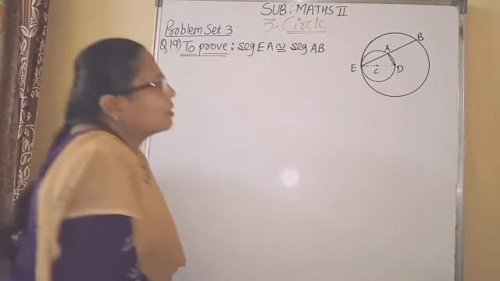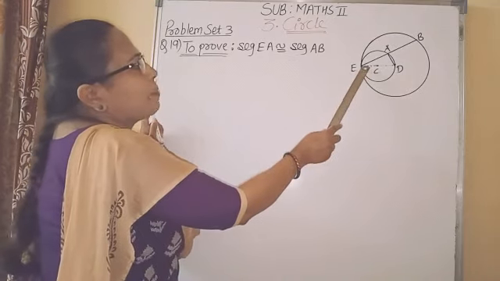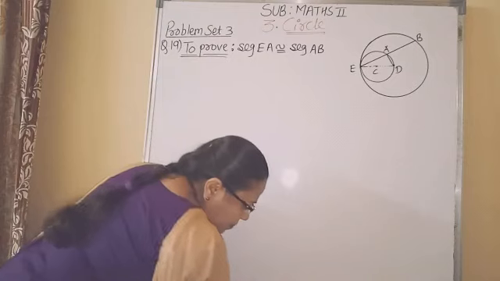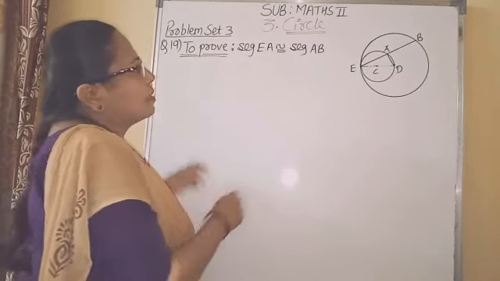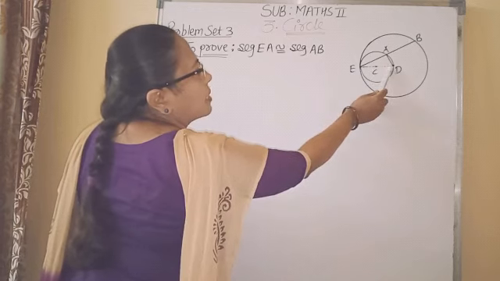Now student, see, this segment ED is the diameter of the smaller circle.